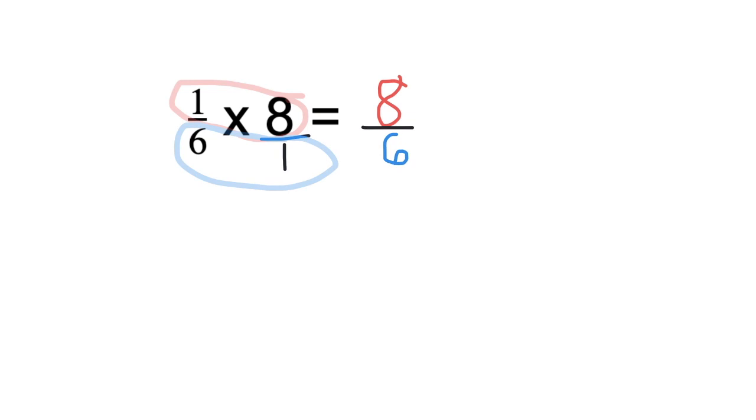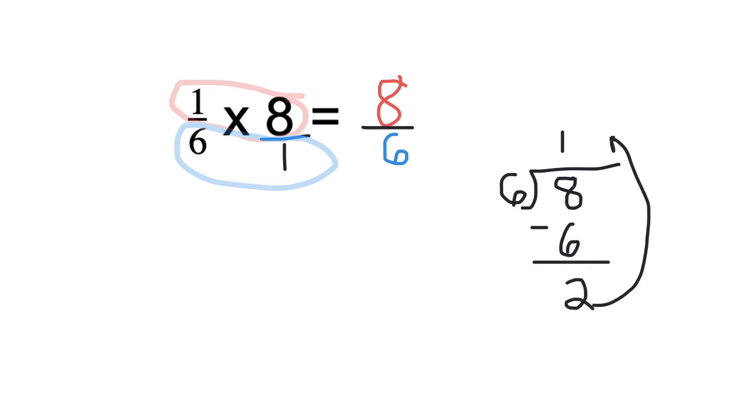Again, we are left with an improper fraction because our numerator is bigger than our denominator. So the fraction bar tells us to divide 8 by 6. And 6 fits into 8 once. Minus 6, 6 times 1 is 6. And we're left with 2. That 2 becomes your new numerator, and your denominator stays 6. So 8/6 is equal to 1 whole and 2/6.